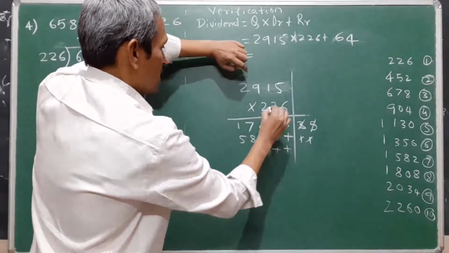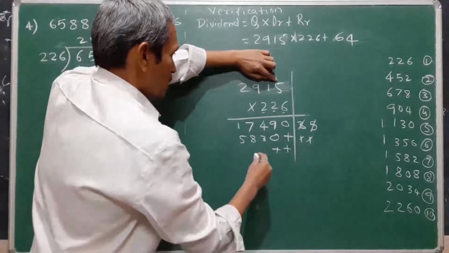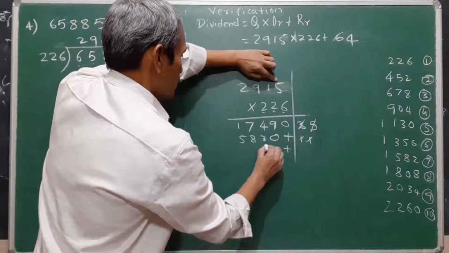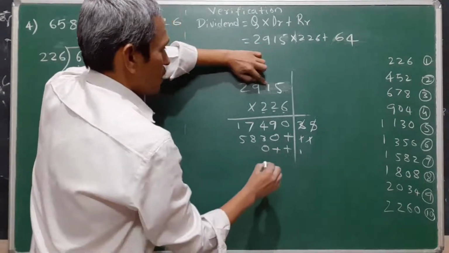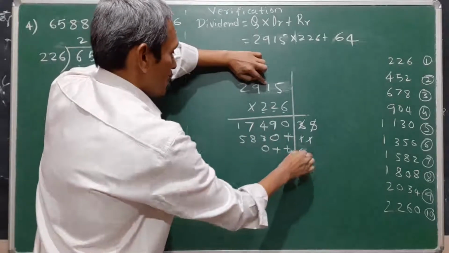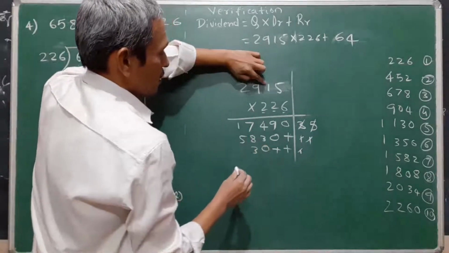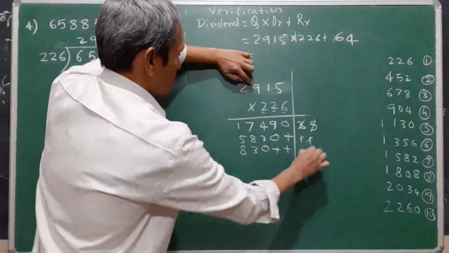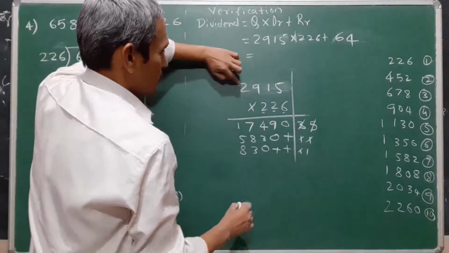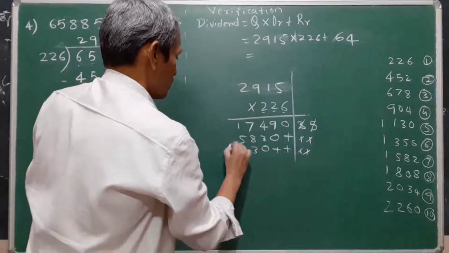Now multiply by 2 once again. 2 5s are 10, 2 1s are 2 plus 1 3, 2 9s are 18, 1 carry, 2 2s are 4 plus 1 5.